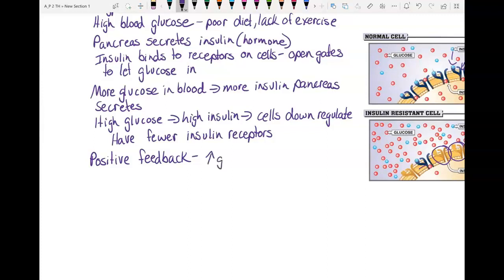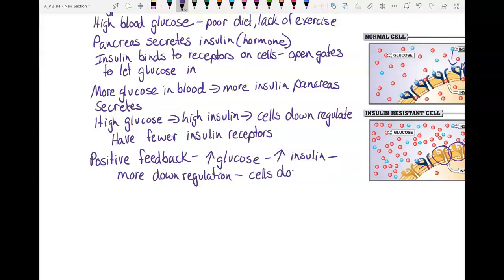So you keep getting higher glucose, which leads to higher insulin, which leads to more downregulation. And if your cells don't take glucose out of the blood, it builds up to higher levels. So your cells don't respond to the insulin.